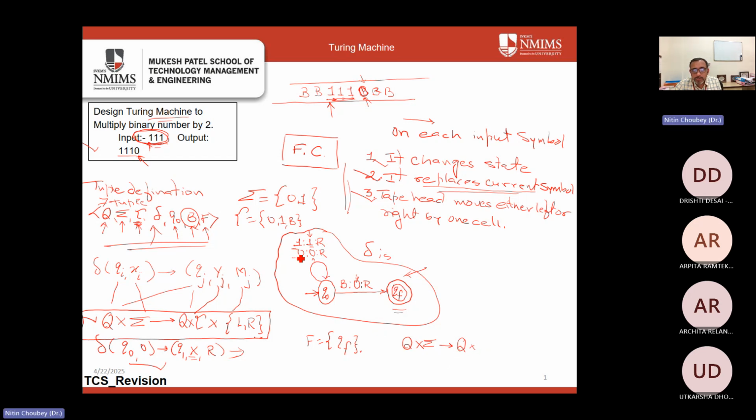Now we represent the replacement symbol here, which is from tau, cross movement either to the left or to the right, so L comma R. This is the final thing. I hope transition mapping is clear.